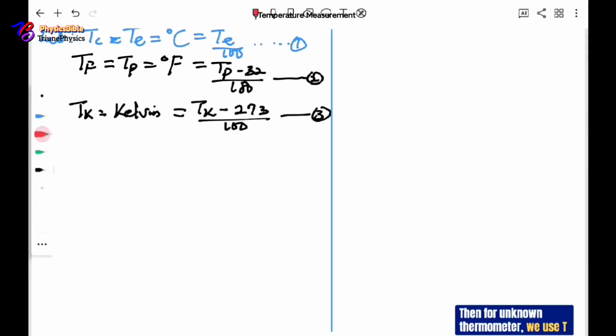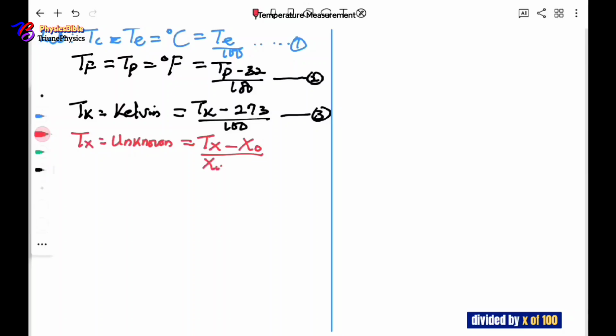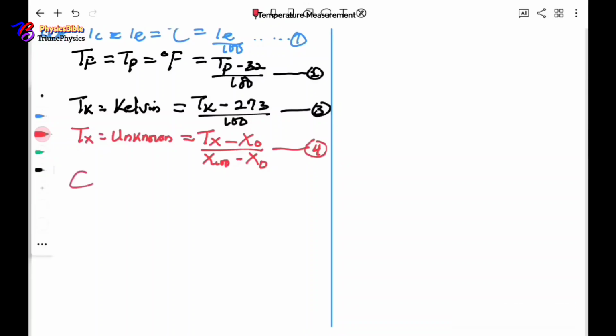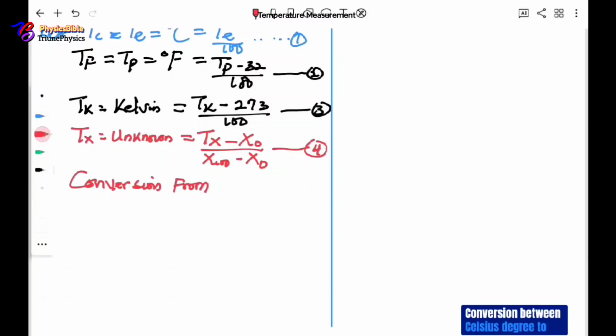Then for the unknown thermometer, we use T of X to represent that, and it is equal to X of T negative X of 0 divided by X of 100 negative X of 0. Take note of that, equation 4. So let's begin properly now. Conversion between Celsius degree to Fahrenheit.